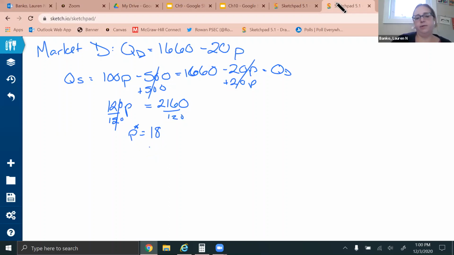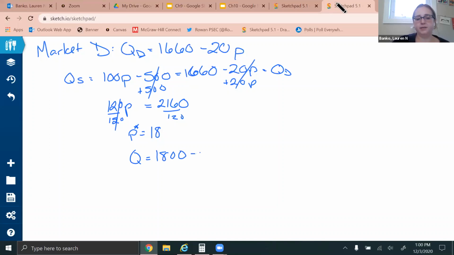And we would then want to find the quantity, so we can plug it into either the supply function or demand. The price is greater than 5, so the firms will be producing. I'll plug it into the quantity supplied.